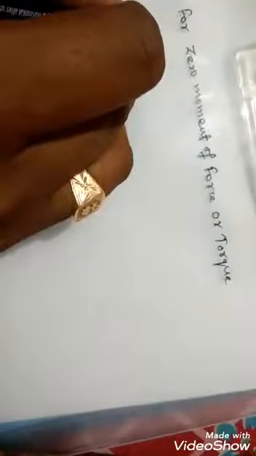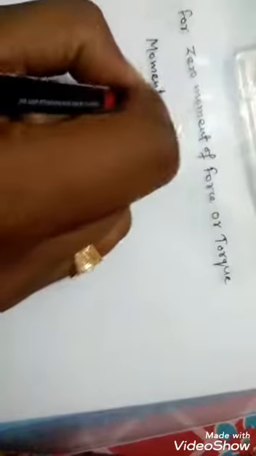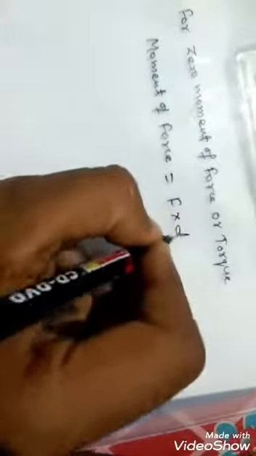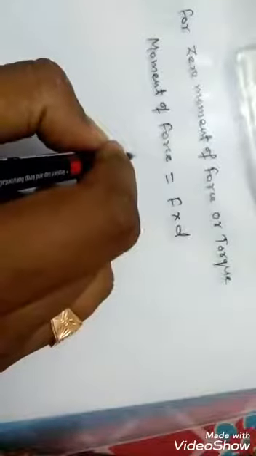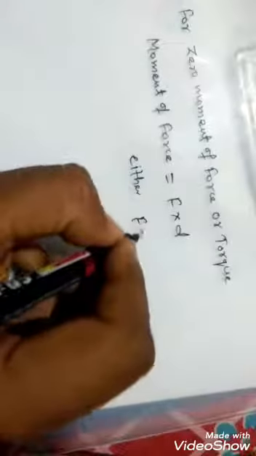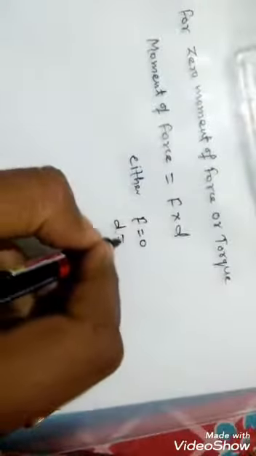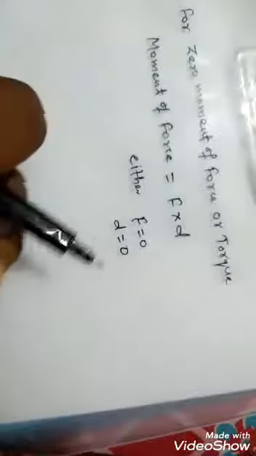The second condition is for zero moment of force or torque. As we know, moment of force is equal to force into perpendicular distance d. For zero moment of force, either F will be equal to 0 or d will be equal to 0.